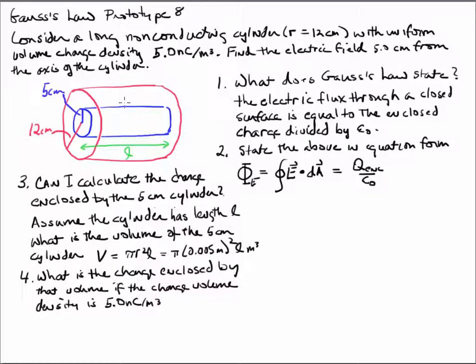So once again, we need to have that to calculate the enclosed charge. And so the total enclosed charge is the 5 nanocoulomb per meter cubed times the volume, which is pi times 0.005 squared L meter cubed. And we wind up with 3.927 times L nanocoulombs.